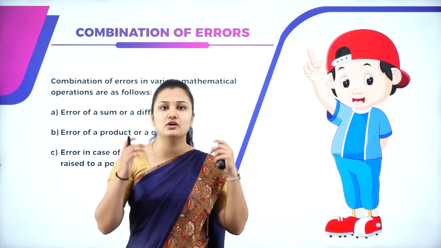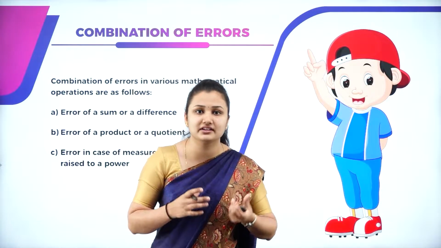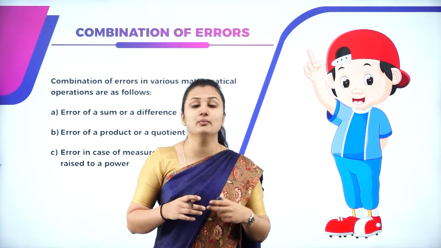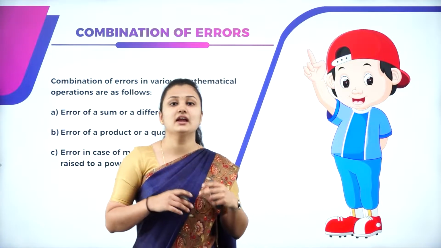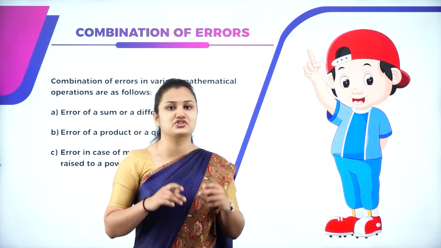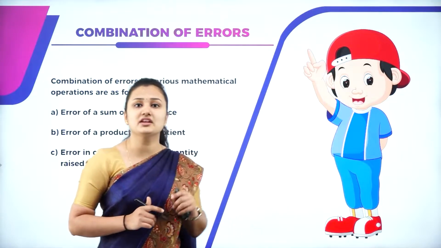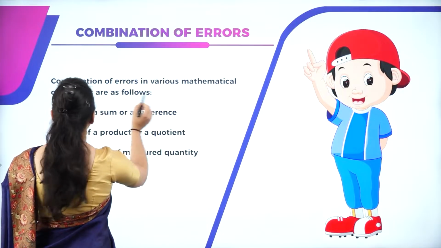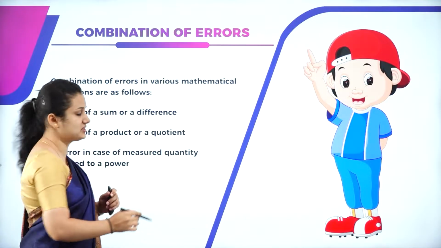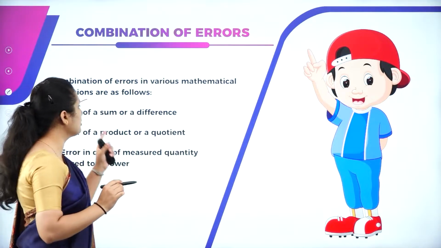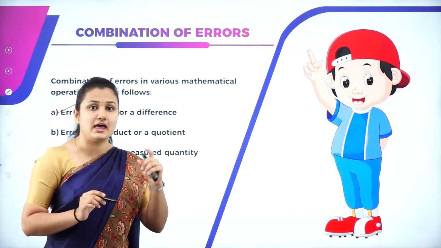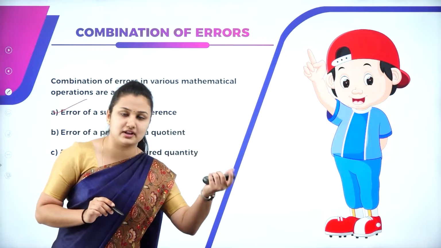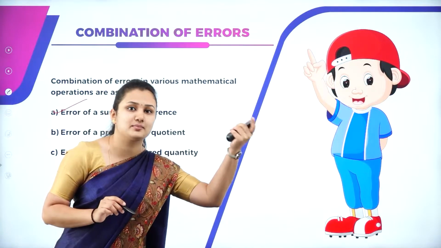So combination of error: how errors will combine in the final result when you perform mathematical operations like addition, subtraction, multiplication, etc. So the combinations of error in various mathematical operations are as follows. The first one is error of a sum or a difference, that is addition or a subtraction.